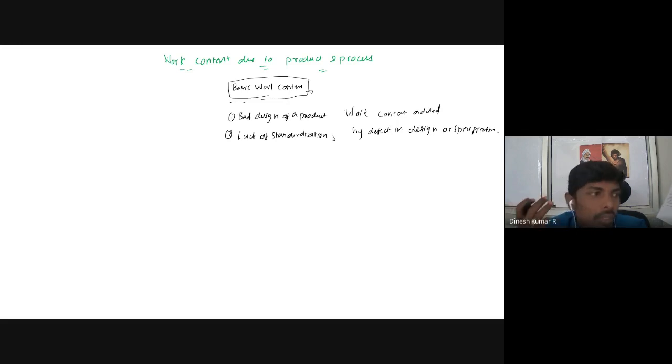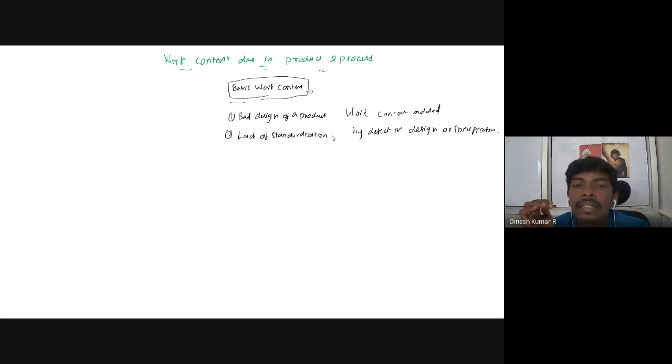What we do, unknowingly, is we always have a myth that whatever I'm thinking is right. So we select the wrong standard, like maybe for 6 mm some standard will be there, for 7 mm another standard. We think we are geniuses and we use the wrong standard. Instead of the 6 mm standard, we use the 7 mm standard for a 6 mm product. In that condition, you have a lack of standardization, because you are not following the actual protocol.